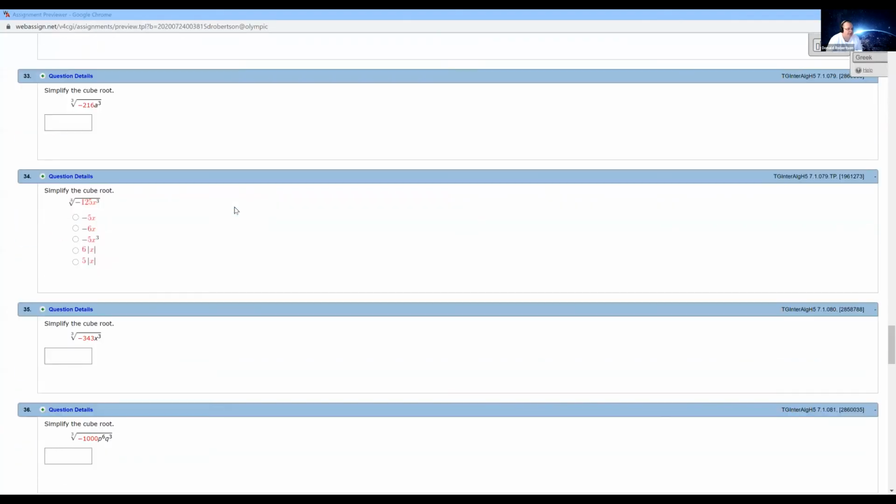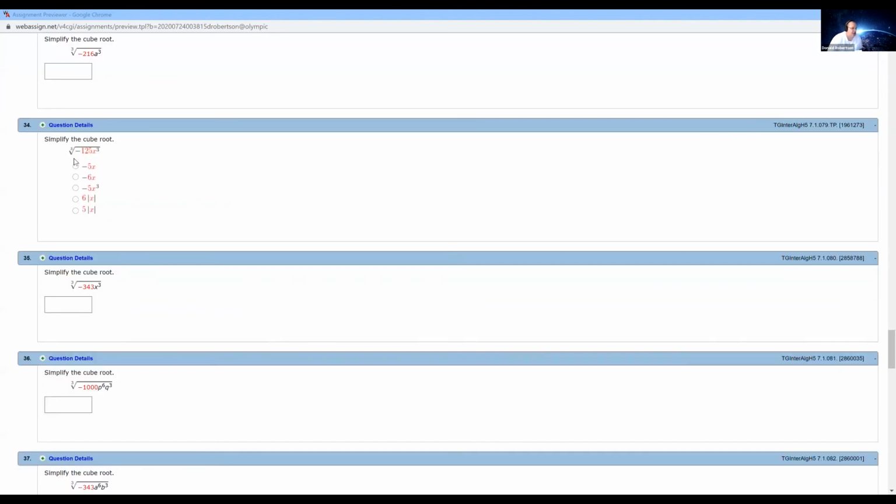Are things going good? You feel this section's not got too much in it that's weird? Right. Now, if you get cube roots of things, don't you just divide the power by 3? So this one here would be negative 5x. Now, here's a choice. Oh, it's not a choice. Darn it. It says negative 5x here.